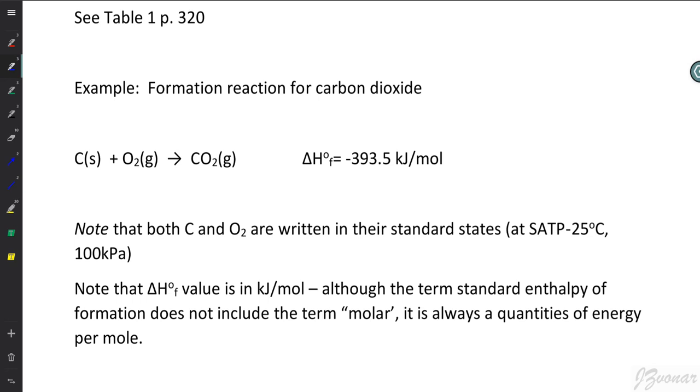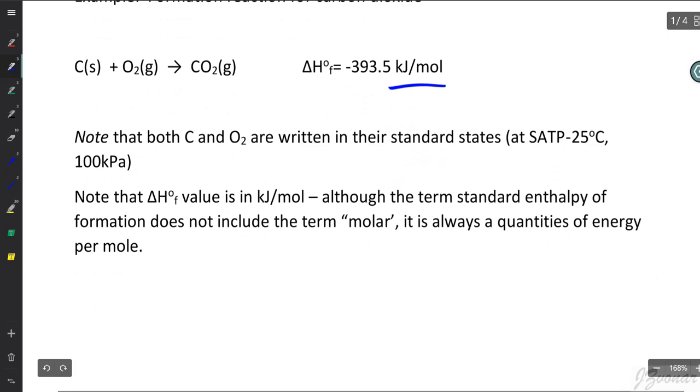Now, what's also very important to note here is that when we calculate and are given these delta H's of formation, they're always in kilojoules per mole. And so we always need to describe it with respect to 1 mole of a substance.